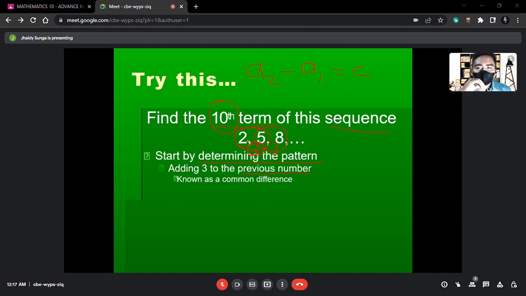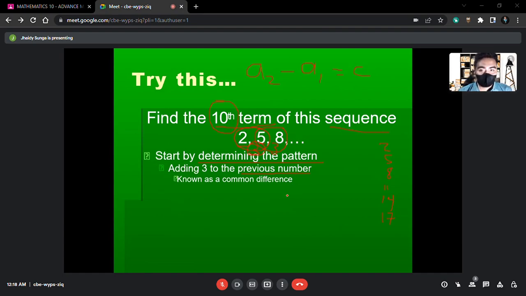So the first term would be 2. The second term would be 5, 8. What's next? 11. What's next? 14. What's next? 17. So 1, 2, 3, 4, 5, 6.